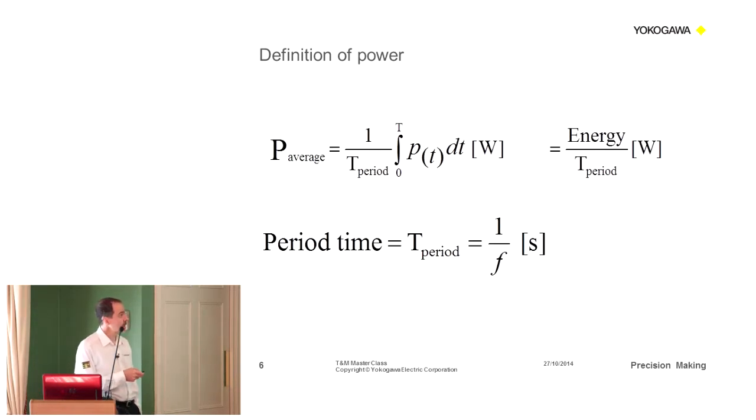Then, in order to get average power, because this is the fundamental definition of power, we integrate it over a whole number of periods. And you can see that if we continuously measure that and divide by T, we have the same result.